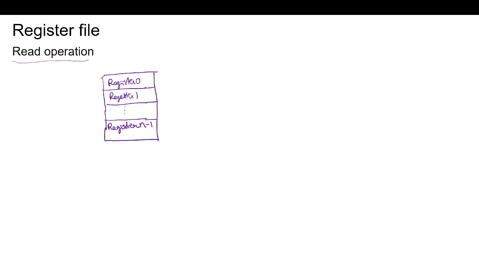If n is 16, then this will be 15 down to 0. And say each register can hold a 32-bit value. Then I will be getting a 32-bit value, so usually we represent the width with this notation.